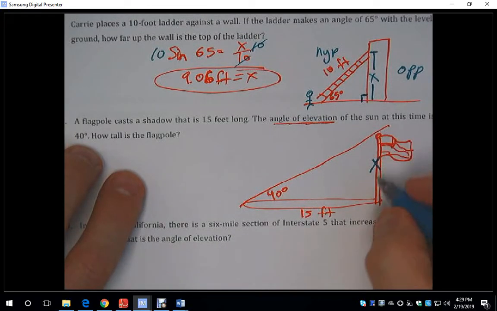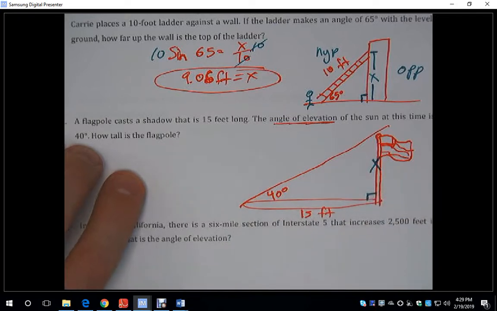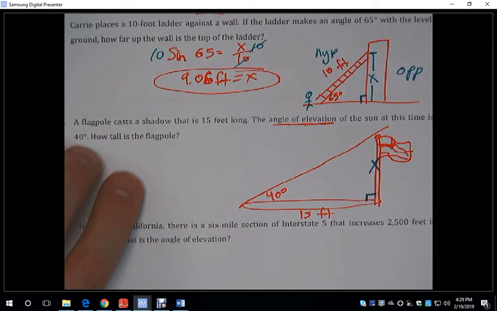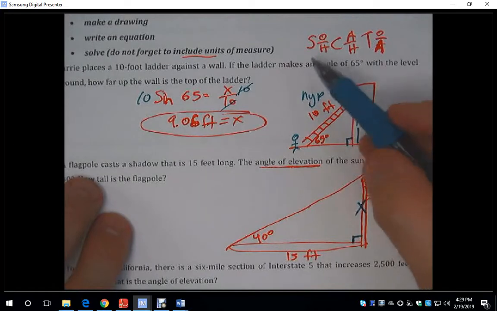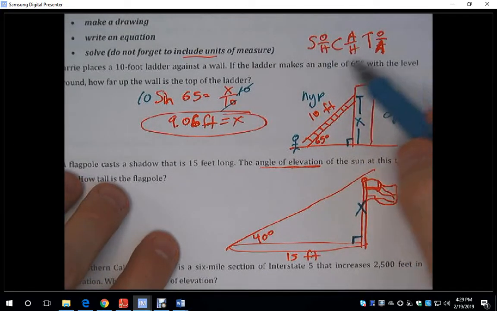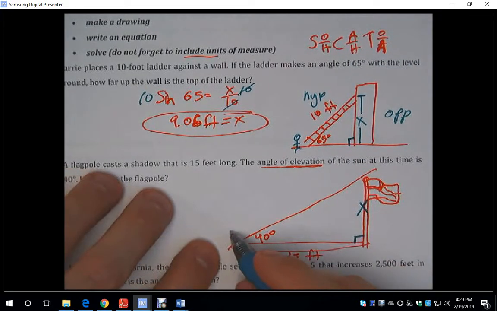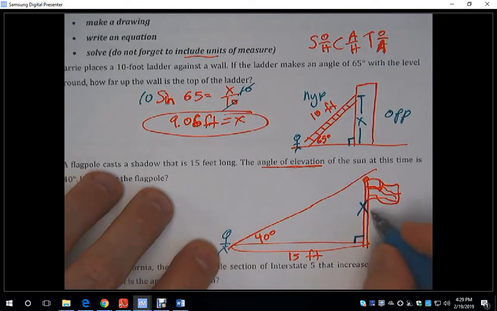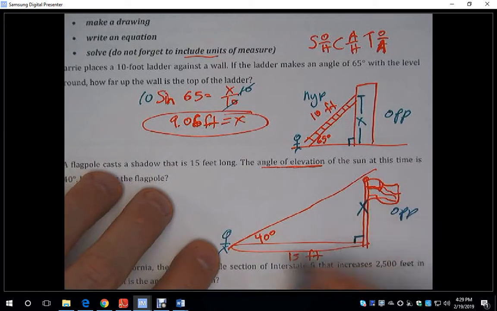Assuming again that the flagpole and the ground are perpendicular to each other, we have a right triangle, so we're going to look at our trigonometric ratios. From the three choices given, from our perspective of the angle, x is our opposite, and 15 is our adjacent.